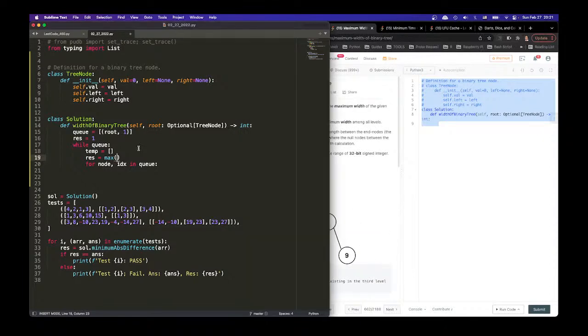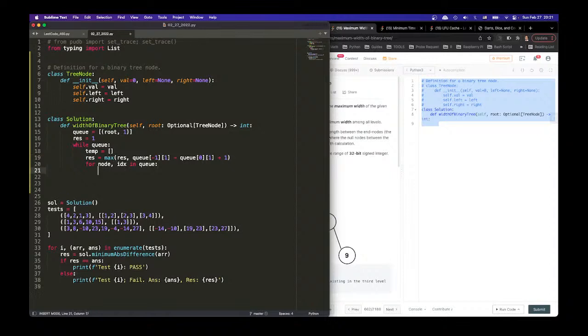So it would be the maximum of res and q minus 1, 1 minus q 0, 1 plus 1. Right, that will be the difference because, yeah, indices. So that will be res.